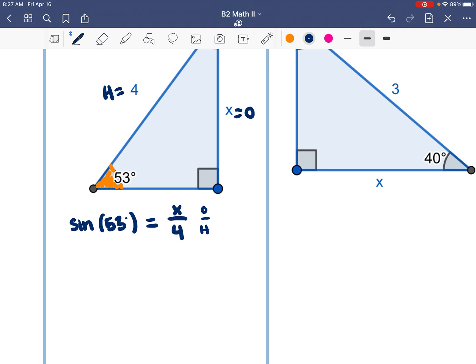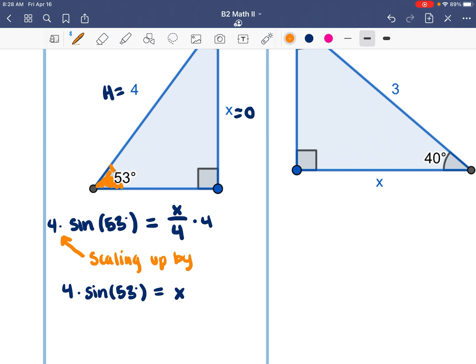And then you just solve for x. Sine of 53, even though it looks confusing, is just a number, so we don't need to do anything with that besides plug it in at the end or at the beginning. It doesn't matter when. What I'm going to do is multiply both sides by 4 to get the x by itself. I want you to notice that what we're doing with this trig definition is scaling this triangle up by 4.